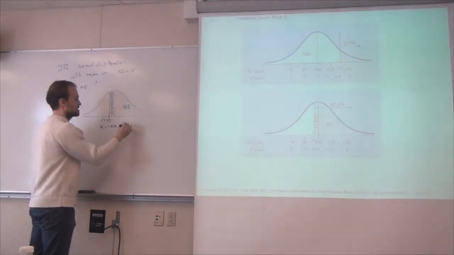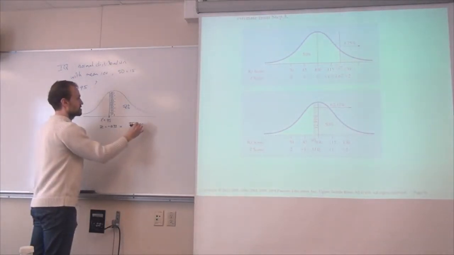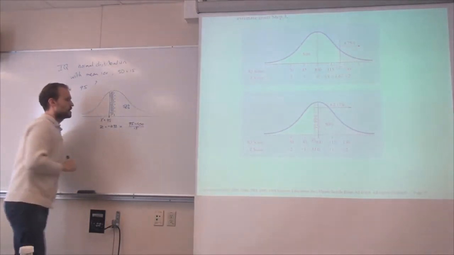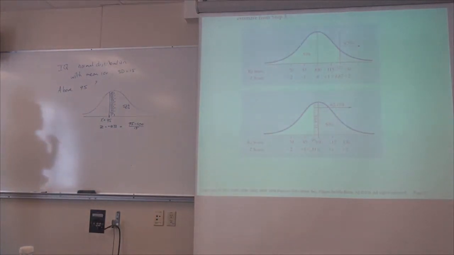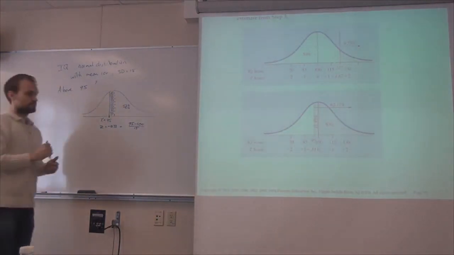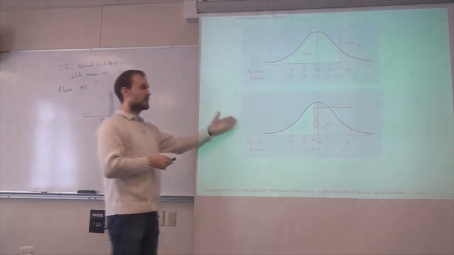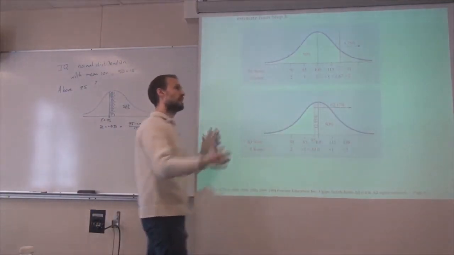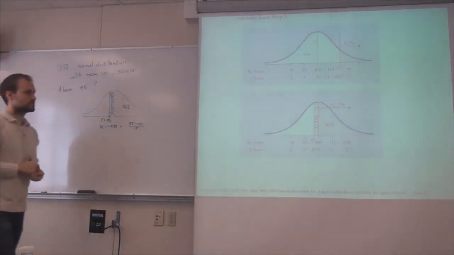Sorry, let me write that down. 95 minus 100 over 15. So I need the z-score to use the table. It's standardized, so there's only one table for any set of scores.